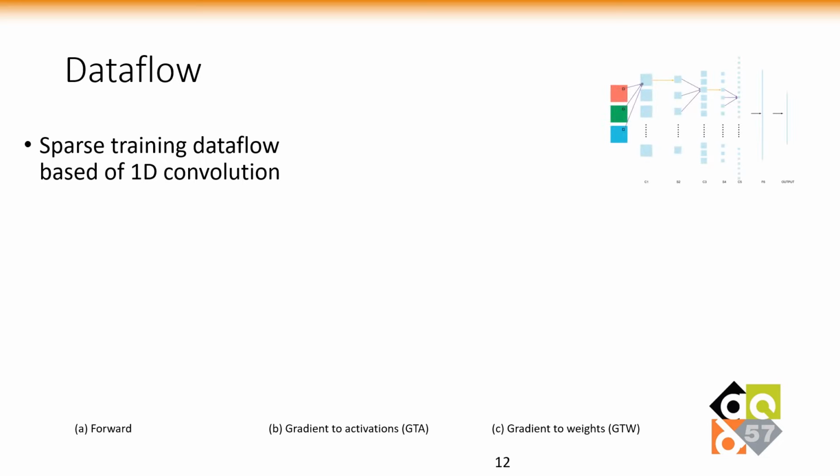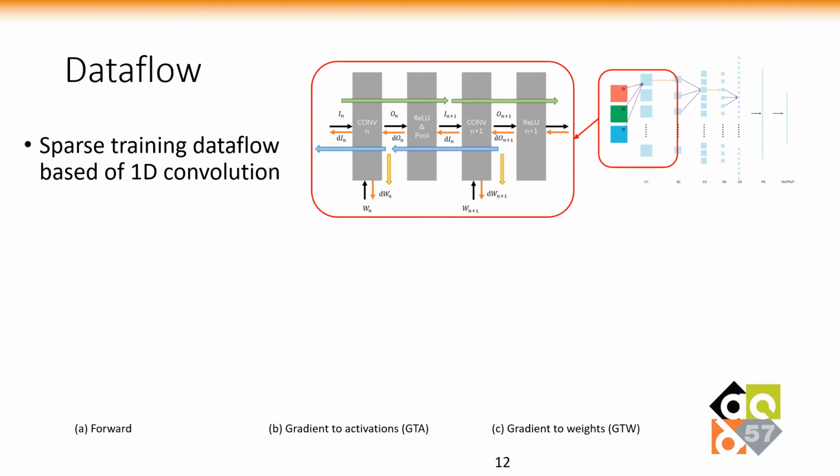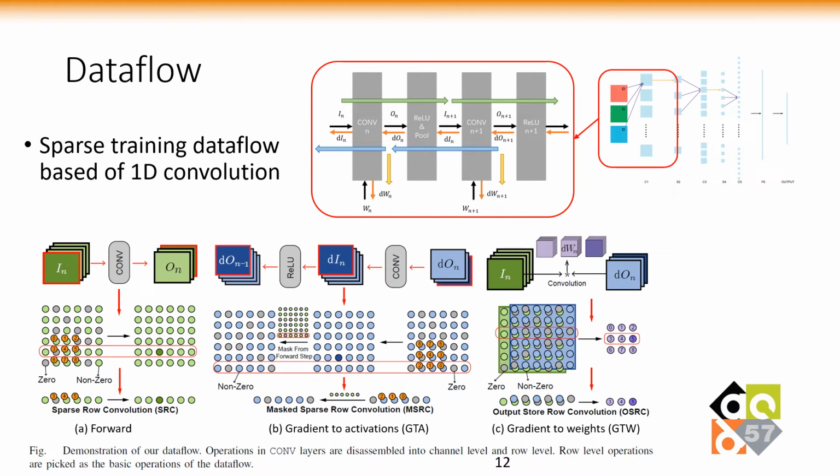Following this way, all three steps of training, including forward, calculate gradient to activations, and gradient to weight, which we can call GTA or GTW, can be divided into a bunch of 1D sparse convolutions.